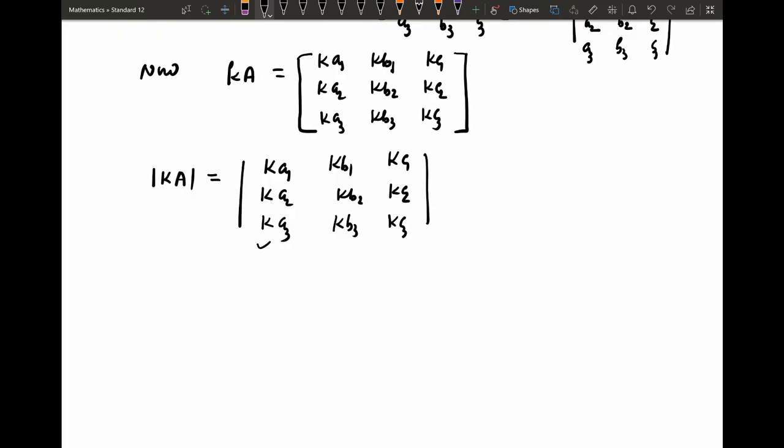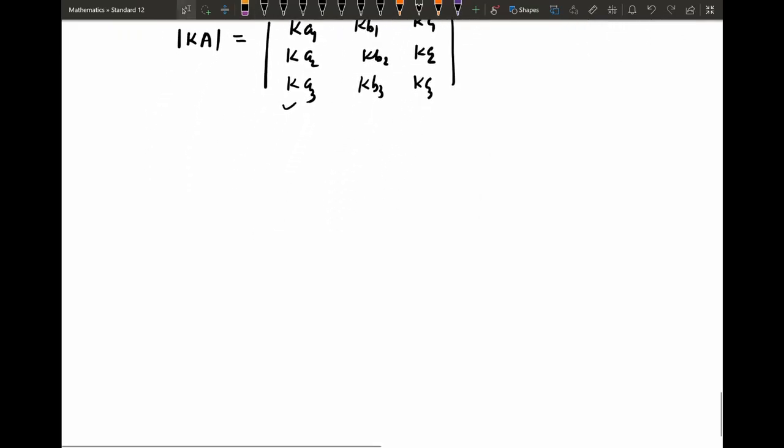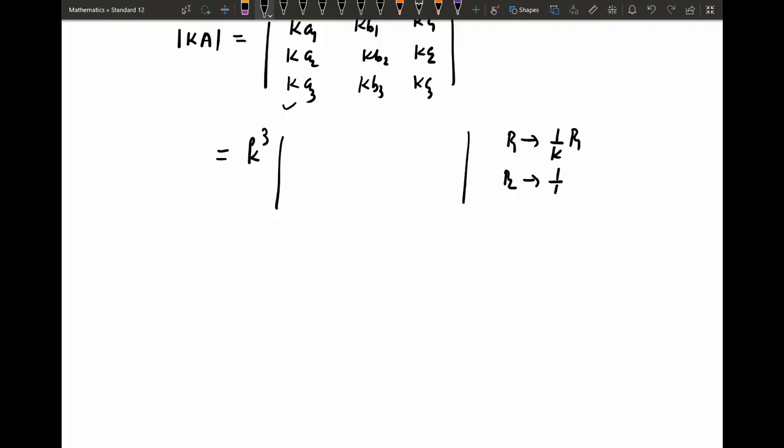Now you can observe from the first row, second row and third row we take K common. So outside there will be K cube. Due to this operation we take K common from the first row, from the second row and from the third row. At the same time you can also take it common from the columns, it is one and the same.